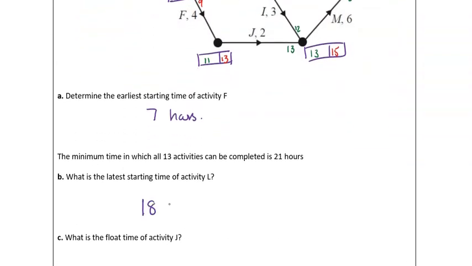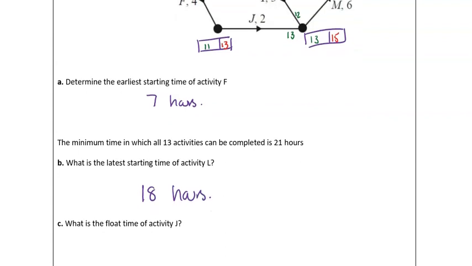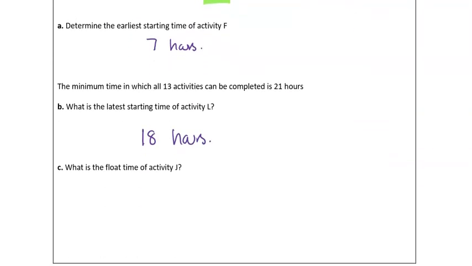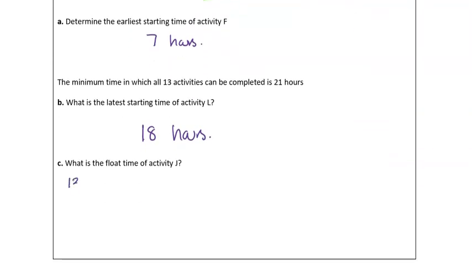It was 18. The float time for activity J, so activity J, 11 and 13. So our float time will be 13 minus 11, so 2.